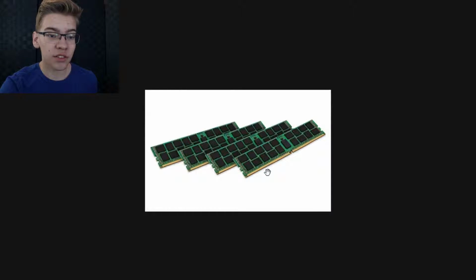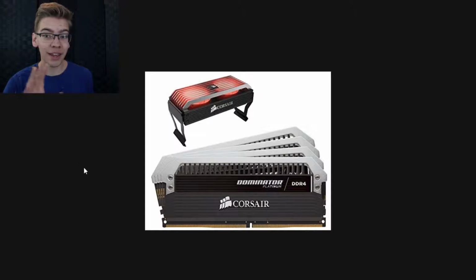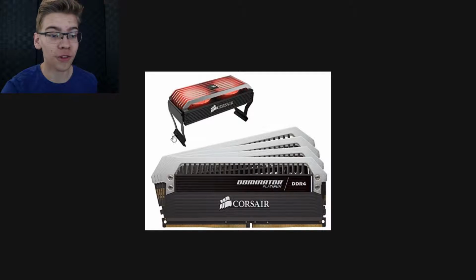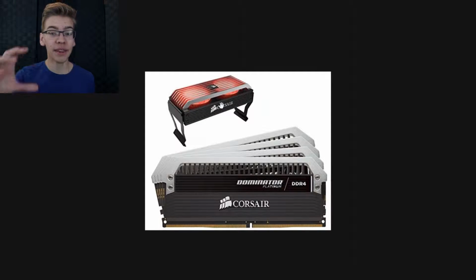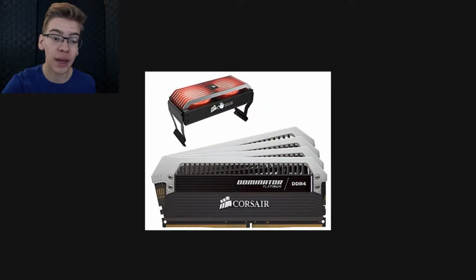This RAM, you can see it's all exposed, all the memory chips are exposed, but a heat spreader is like this, where it has a casing around it and it spreads out the heat from those individual chips on the stick. And if you want to go crazy, sometimes you have stuff like this, where this is another heat sink with fans on it, and that just clips right over your 4 sticks of RAM or whatever.